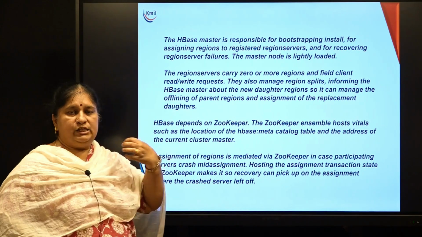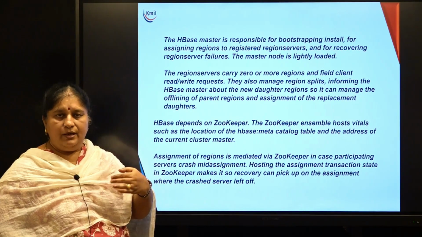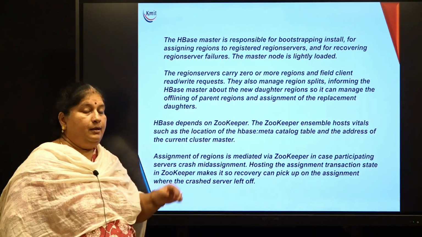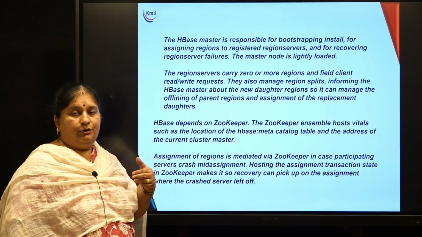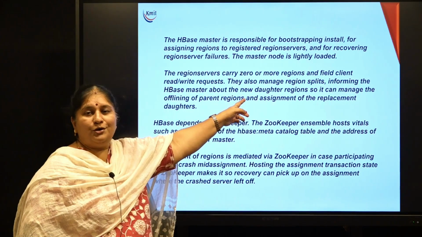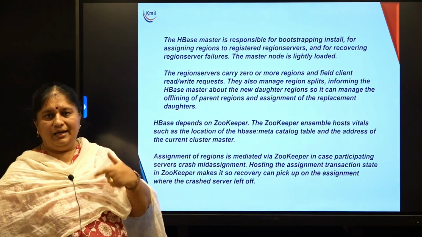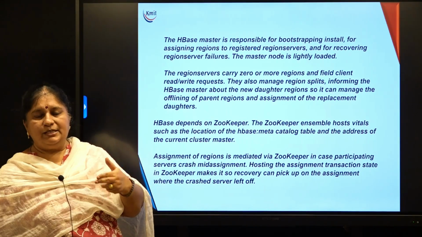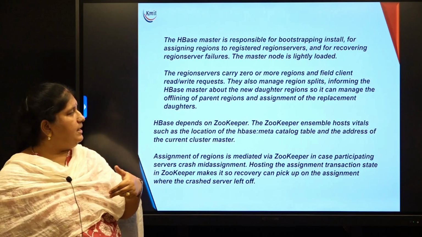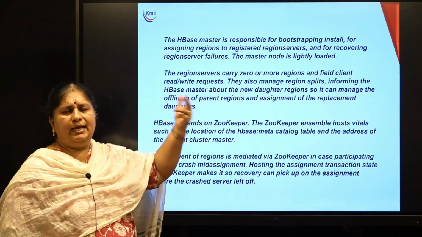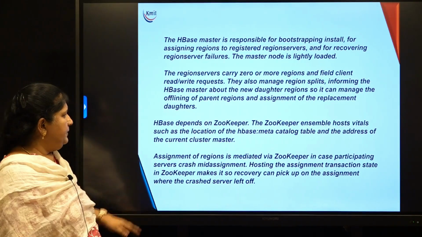Once I split the data, I have to inform the HBase master node. Here, if you observe the terminology, they are not called child nodes, they are called daughter regions. The regions newly created by the region server split are called daughter regions, and the HBase master henceforth will take care of those daughter regions.